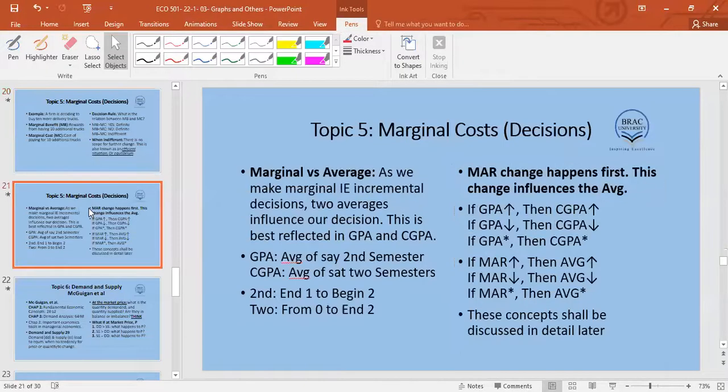তাহলে এই যে marginal versus average is basically there are two averages. Marginal is the incremental average যেটার সাথে আমরা if we compare it with our studies it's GPA, and the average is the average from 0 to the last observed unit. So if we are calculating GPA for the third semester, then what happens? If we use the word third, আমরা একটা ইউনিট ইন্ডিকেট করছি না?